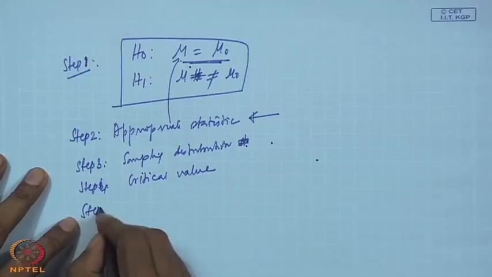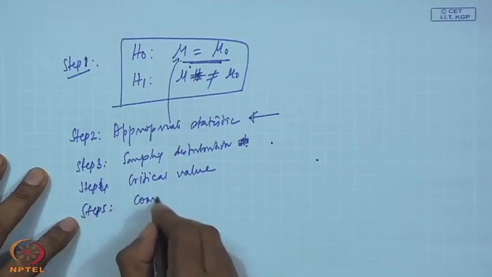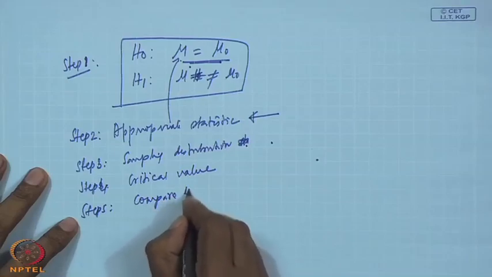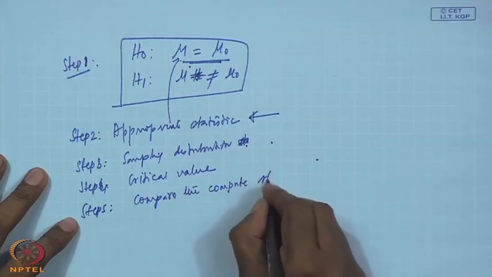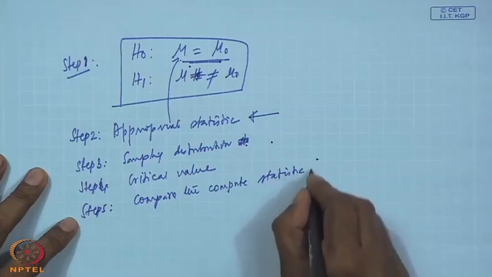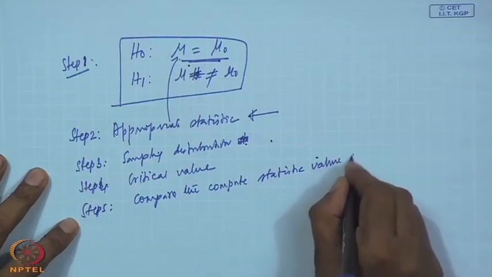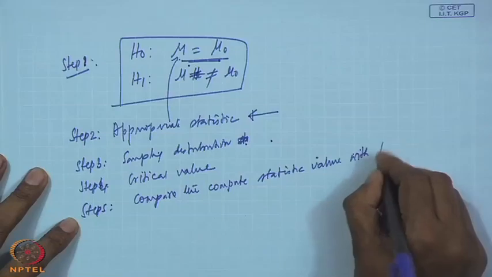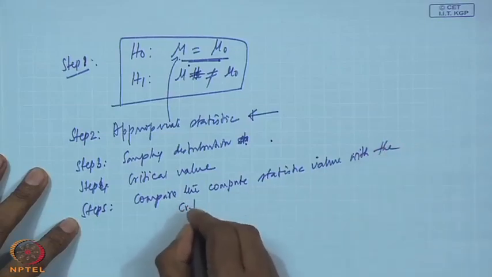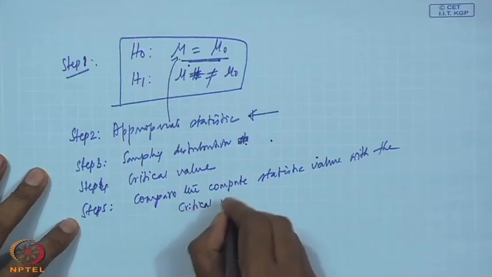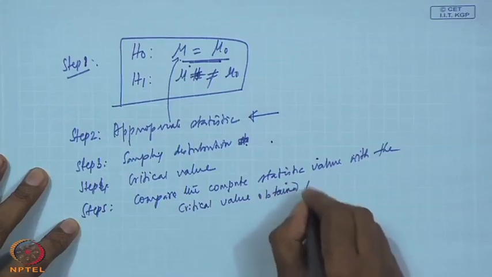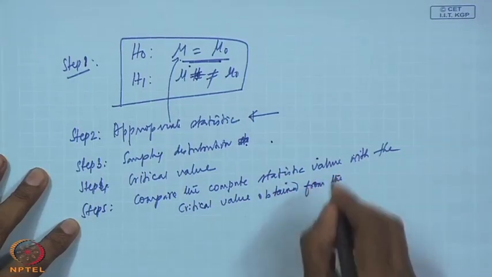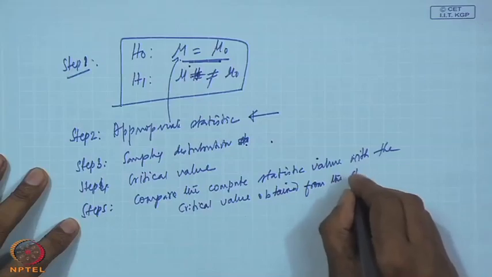Then your step 5, compare the computed statistic value with the critical value, obtained from the statistical table.